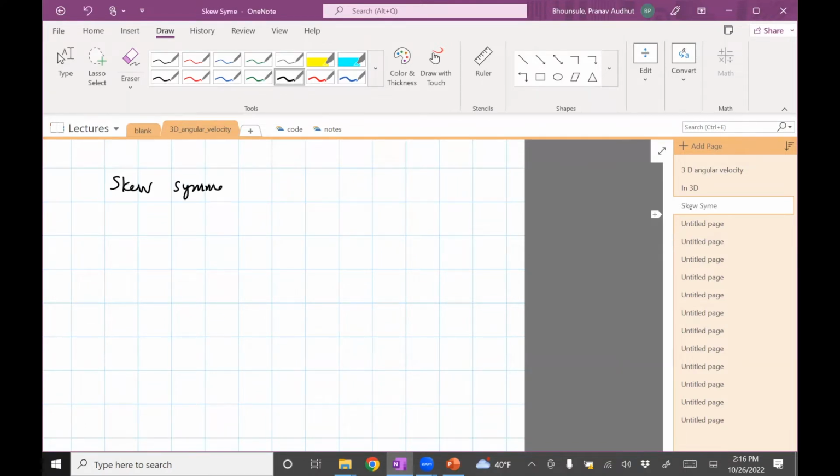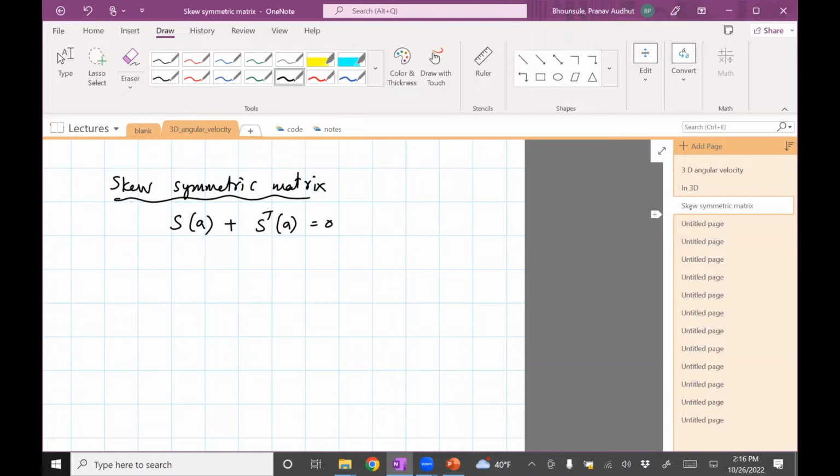The definition is, if you have S with some argument A, S of A equals the negative transpose. So if you get the transpose on the other side, you have basically this identity. That's the definition. A consequence of this definition is that all the diagonal elements of a skew-symmetric matrix have to be 0.